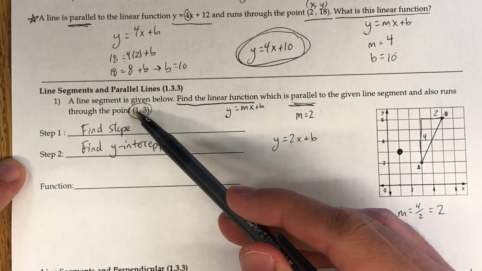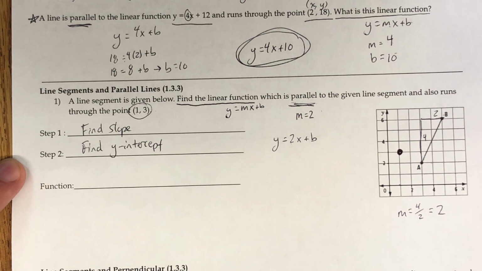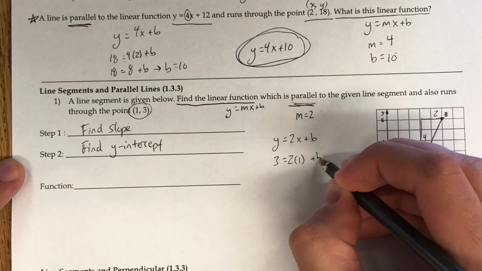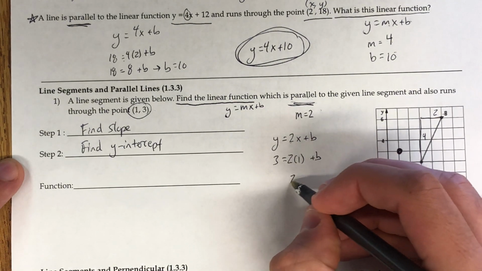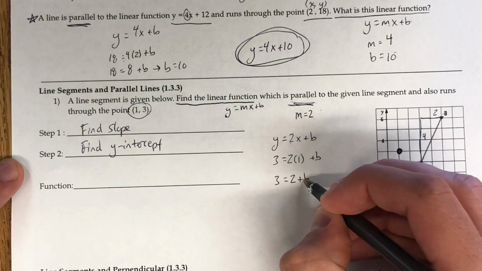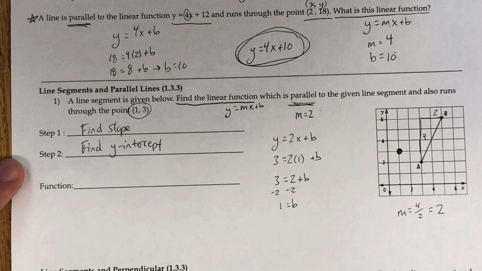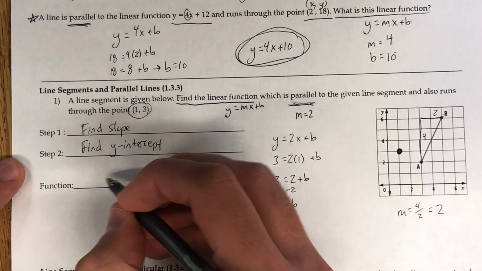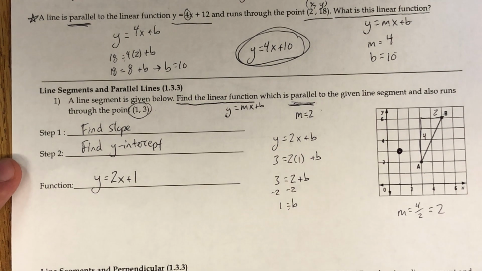And again, we can plug in 1 and 3 for x and y like we did in the previous problem. So plug in 1 for x, plug in 3 for y, and now we have an equation where we can solve for b. So 2 times 1 is 2. Subtract 2 from both sides, and we get b equals 1. So we have 1 for b, 2 for m, so our line would be y equals 2x plus 1.